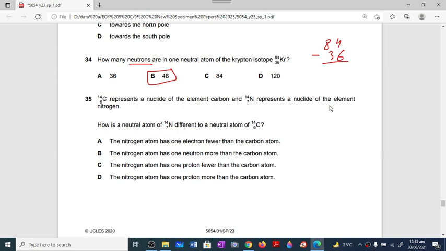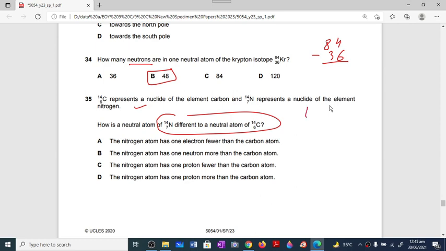He is saying that carbon 14 and nitrogen 14 represent the nuclide of the neutral atom. So how will they differ?